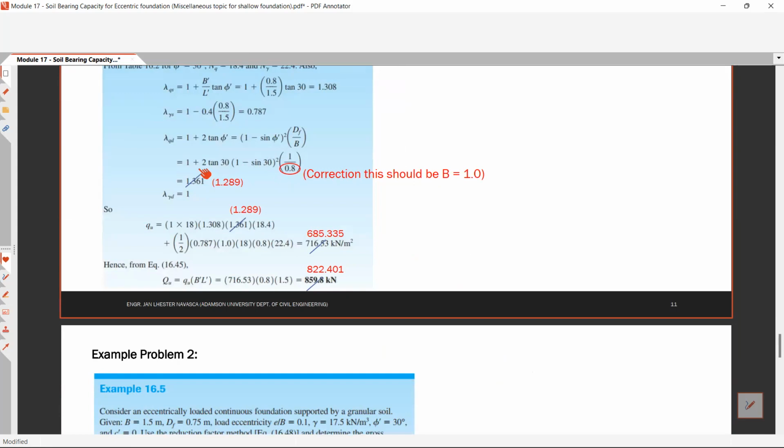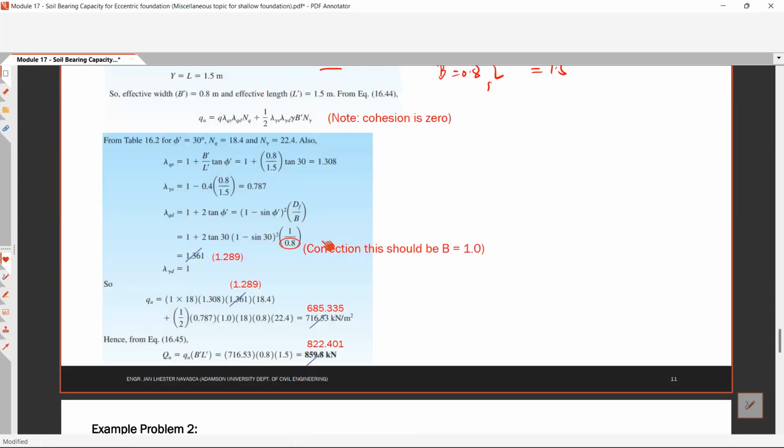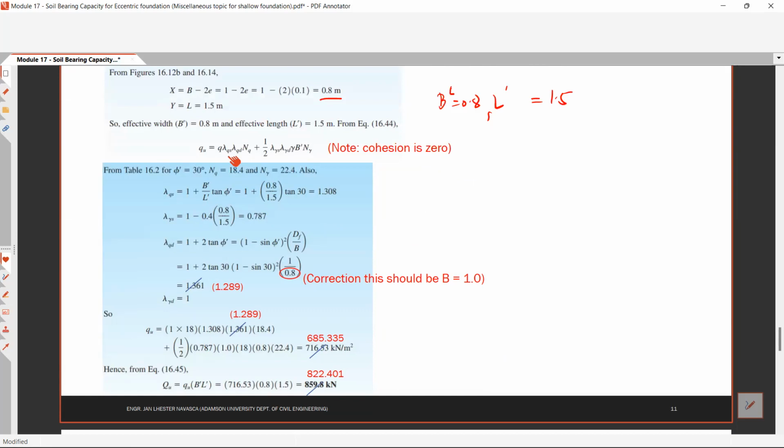So therefore, your QU, so lagay mo lang lahat. Q, that is 1 times 18 kilonewton per cubic meter multiplied by 1.308 for the shape factor multiplied by 1.289 times the NQ, which is 18.4 plus 1/2 shape factor 0.787. The depth factor, the other depth factor is 1.0.